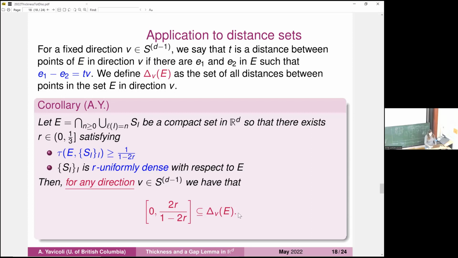But this is stronger because it implies that in every direction we have the same interval independently of the direction. Of course, the hypotheses are stronger too, right?